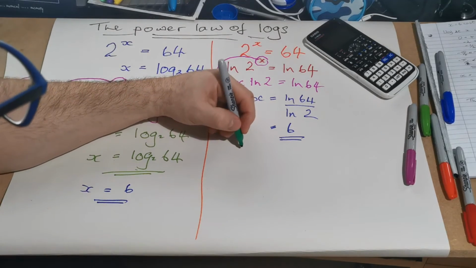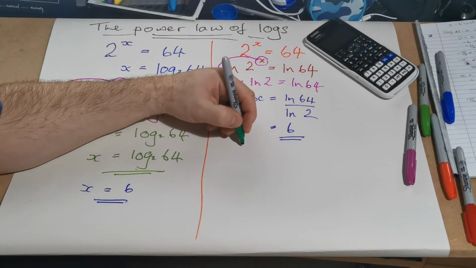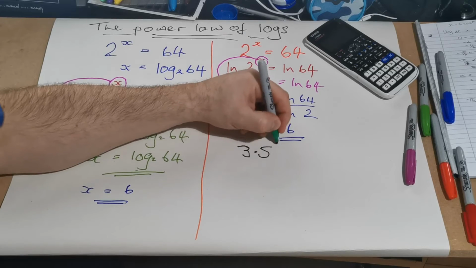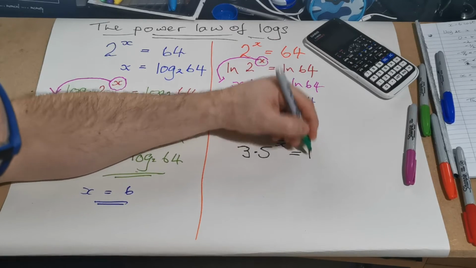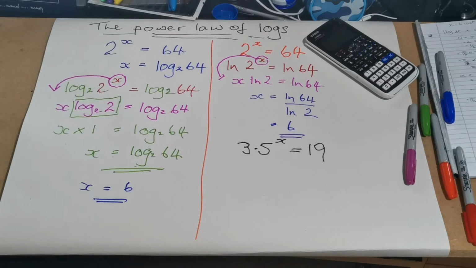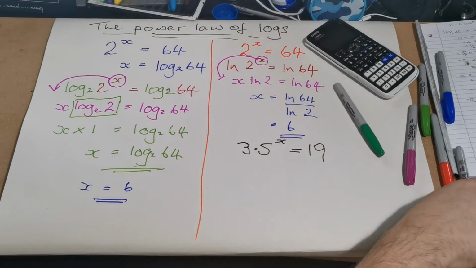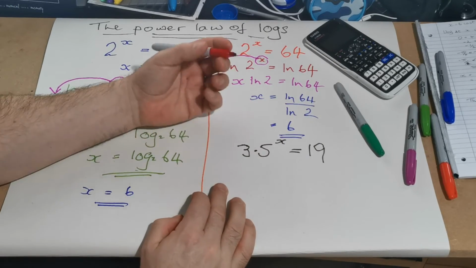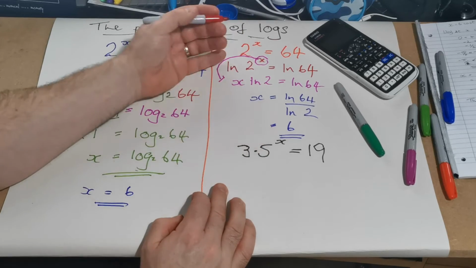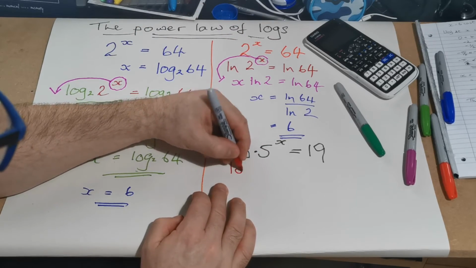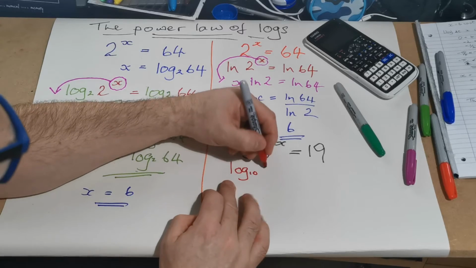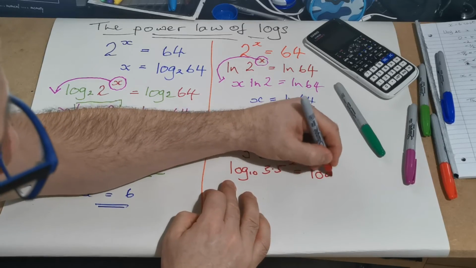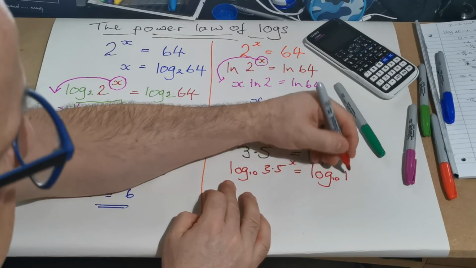So say I said something a bit less standard, so let's say 3.5 to the x equals 19. If I take a ln to both sides, or I could take a log to base, let's go log to base 10, because that's a common one. It doesn't matter what log you use. So log to the base 10, 3.5 to the x is equal to log to the base 10 of 19.